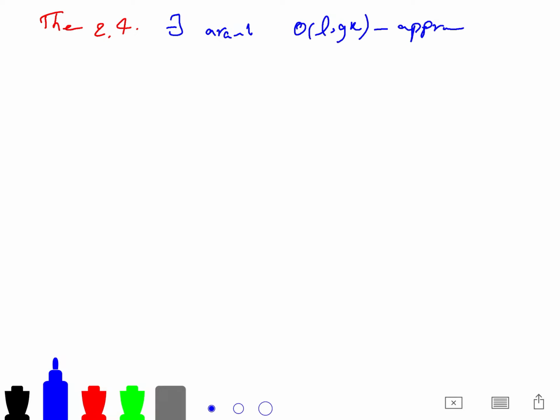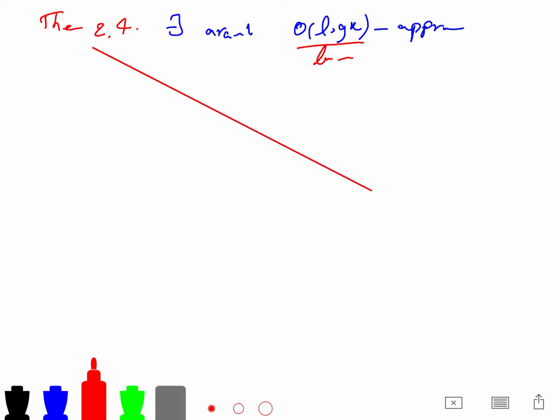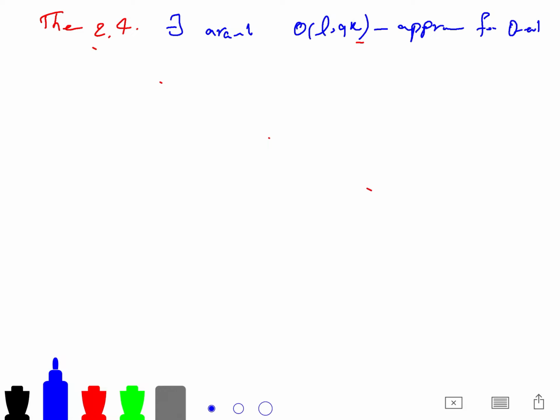So this is just the original CKR algorithm, not the modified and better algorithm by Talwar, which was O log k divided by log k. So it is an older result. That's why it's worse. So there is a randomized polynomial time approximation for zero extension.